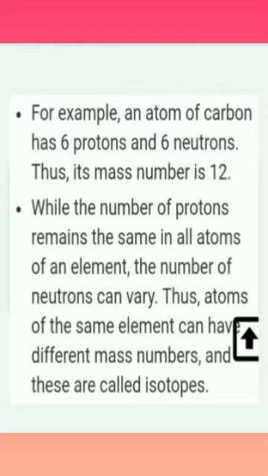Sometimes the neutrons are equal to the number of protons, otherwise it is higher than the protons. So, atoms of the same element can have different mass numbers, and these are called isotopes.